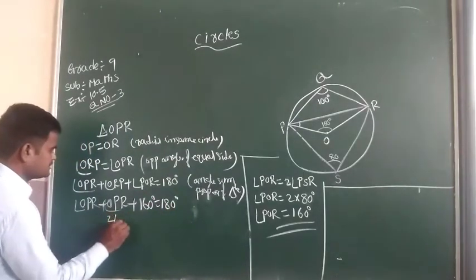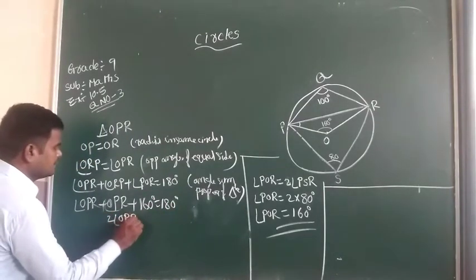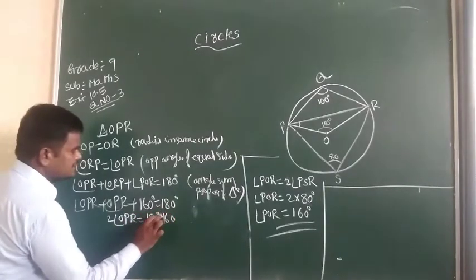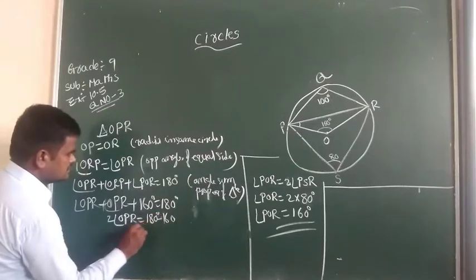So 2 times angle OPR equals 180 minus 160, which is 20.